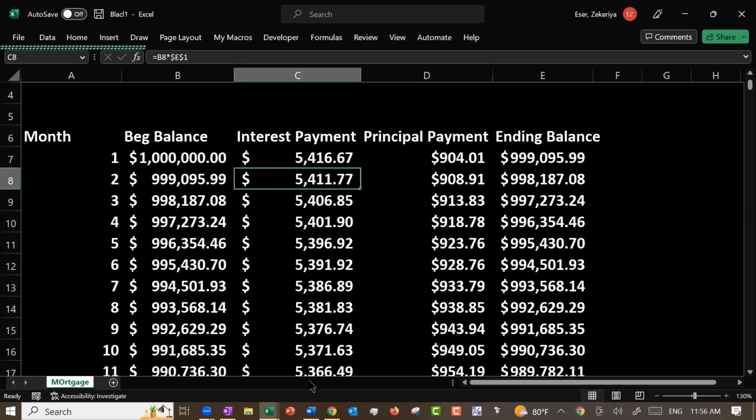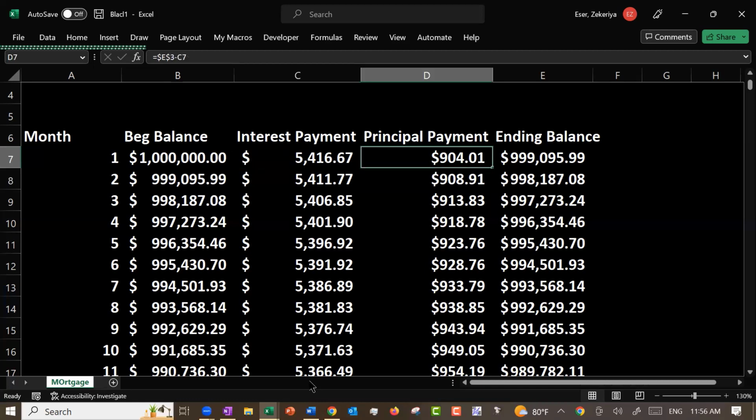All that means you only collected 5,400, and more than likely you paid over $800,000 for this one. But if you're the principal only guy, you collected all the principal because after the first month, you are going to collect $1 million. So you collected the money that you lent rather quickly.